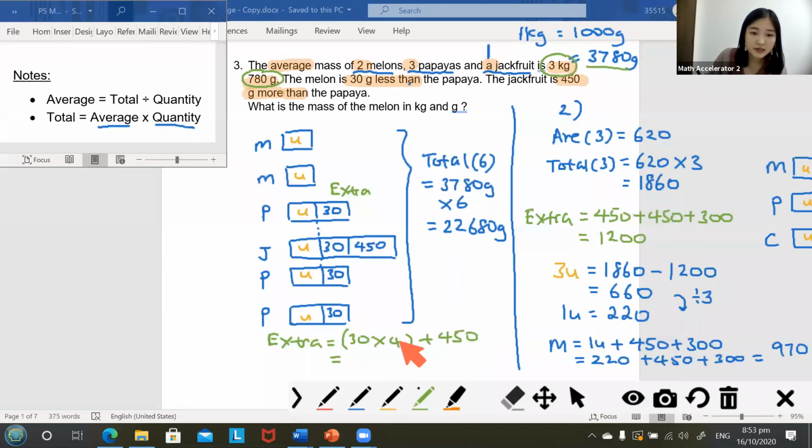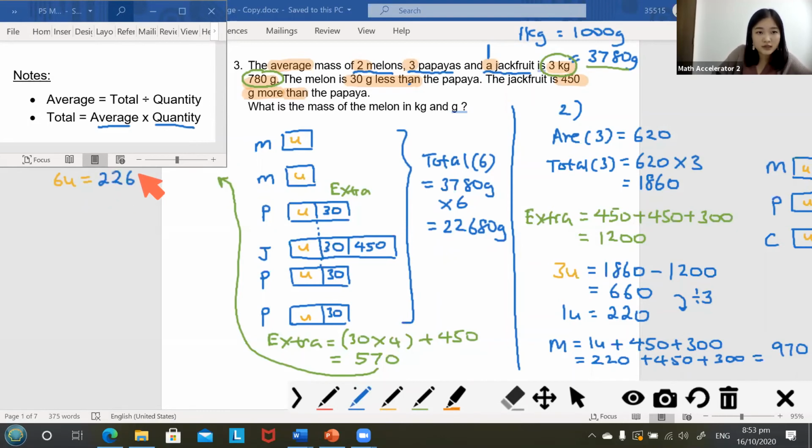Always put in your brackets if you're writing it this way. 570, okay. Okay, there's space here. I'm going to continue up here. Okay, so we want the 6 units here. And we can have it if we take away from the total, the extra. 22680 minus 570.